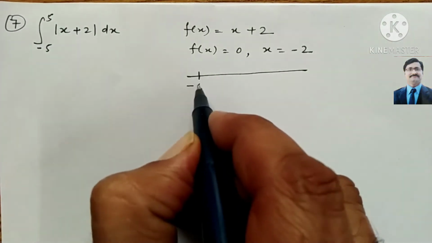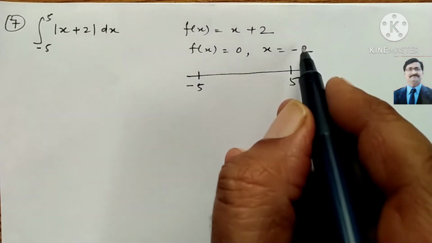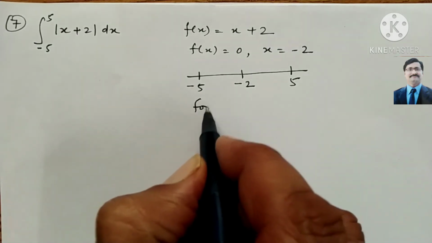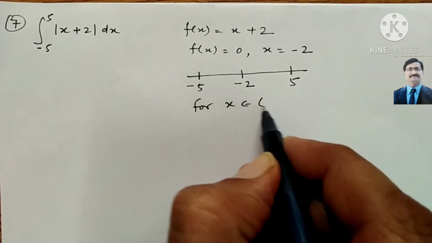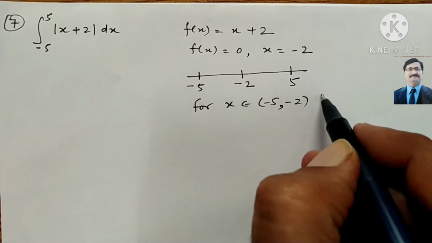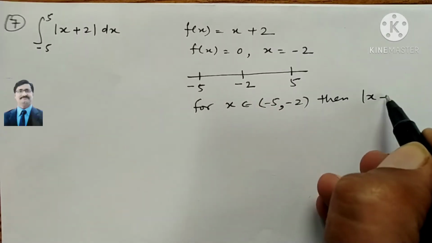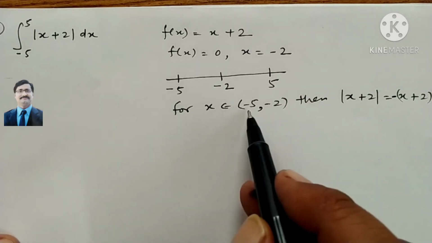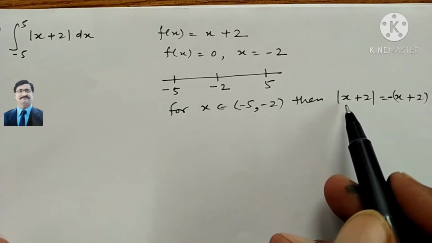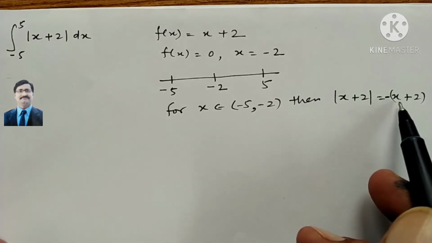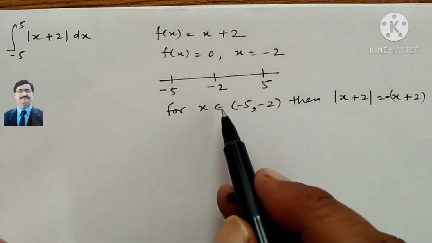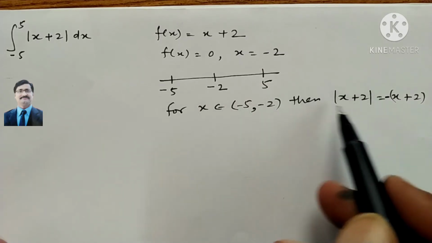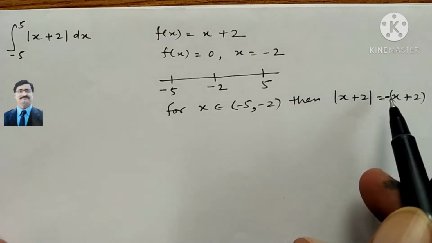Minus 5 is here, 5 is here, and minus 2 is in between. Look here, if x belongs to minus 5 to minus 2, then modulus of x plus 2 will be minus of x plus 2, because if you put a value like minus 3 in between, it is negative, and you have to make it positive, so you write minus.